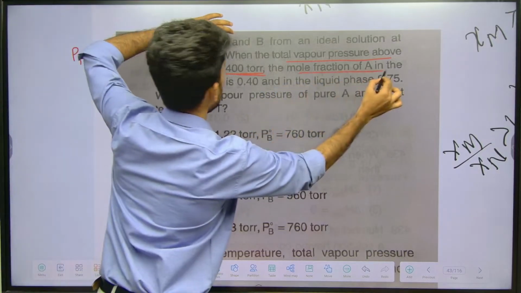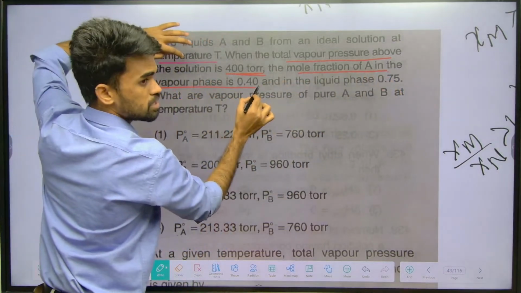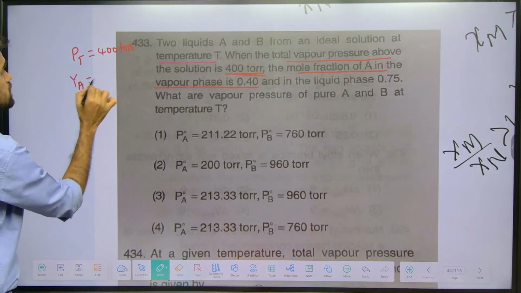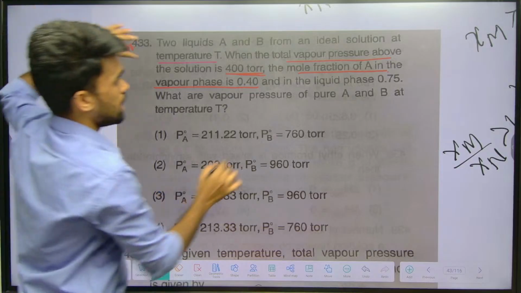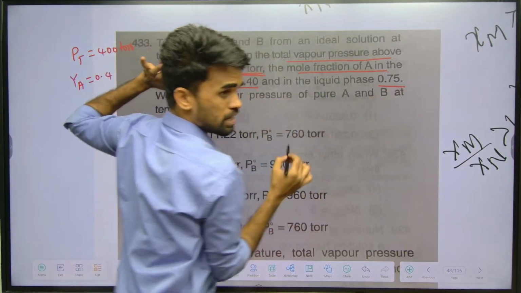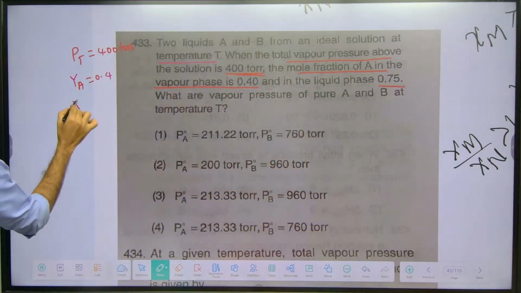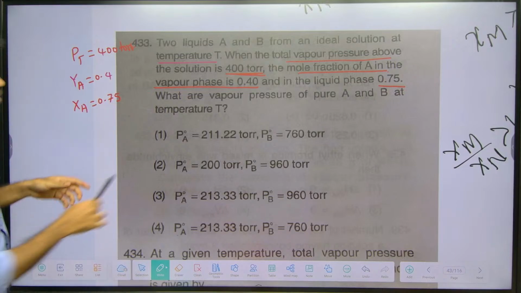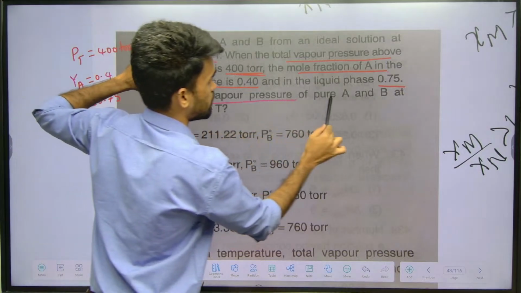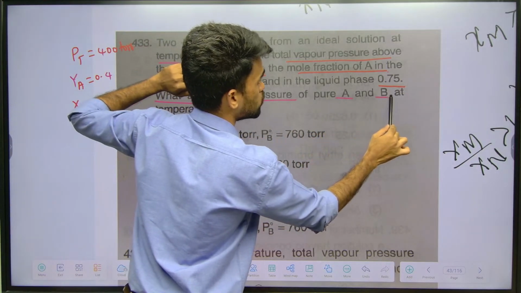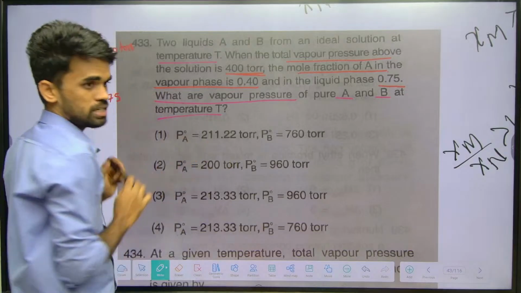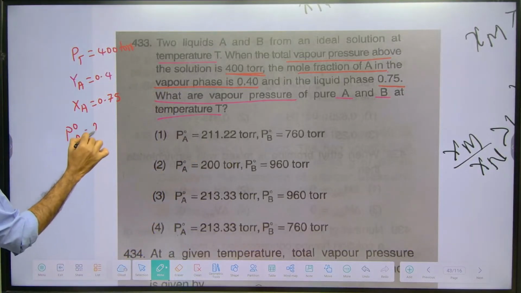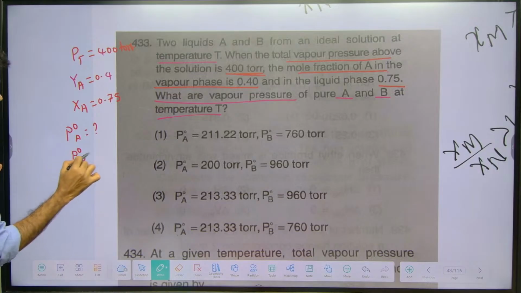The mole fraction of A in the vapor phase is 0.4, so YA equals 0.4, and in the liquid phase is 0.75, so XA equals 0.75. What are the vapor pressures of pure A and pure B at this temperature T? They are asking what is P naught A and P naught B.